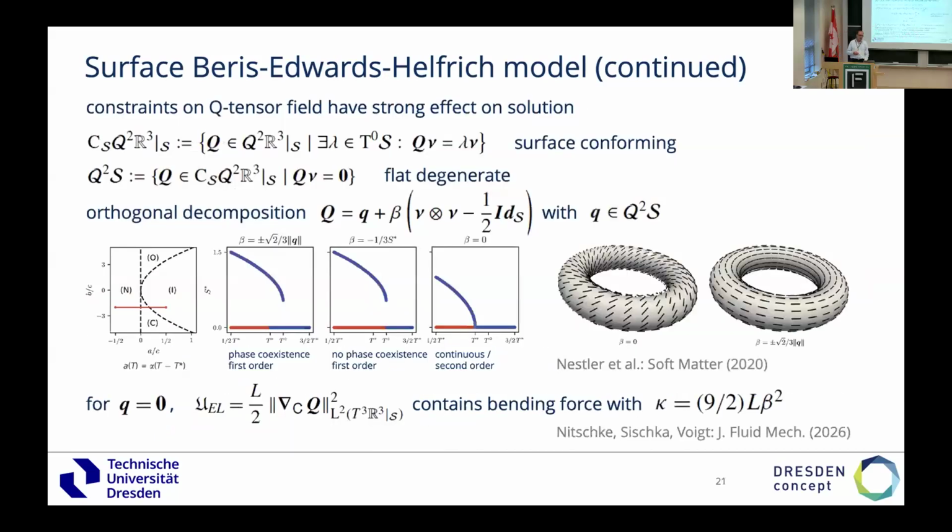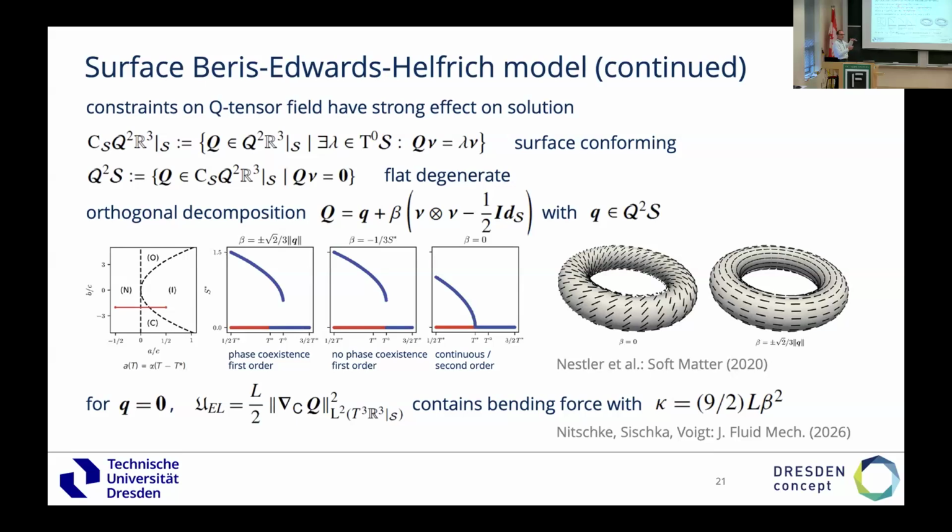Now it's worth looking at some constraints on this Q tensor field, because there are various models around, or various assumptions around. So far we haven't made any assumption, but a commonly used assumption is to say that it should be surface conforming, and that means that at least one of the eigenvectors should point in normal direction, and the other two should be tangential.